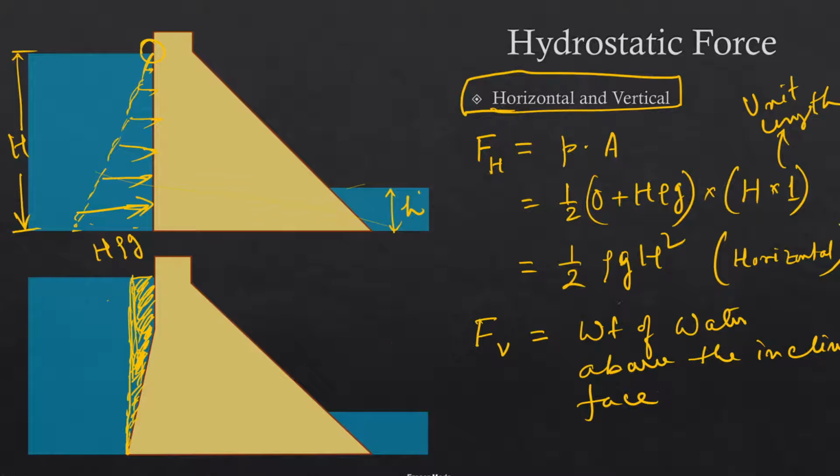In the downstream surface also it is similar. The only thing is that in this case the force, let's call it F small h, will be half rho g into small h squared, which is the horizontal force on this surface, and the vertical force on this surface, let's call it F small v, will be equal to similarly the weight of the water directly above that inclined surface.